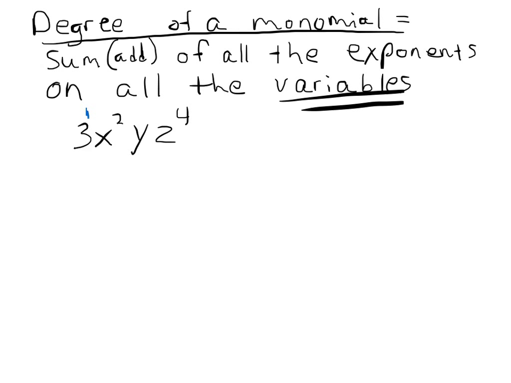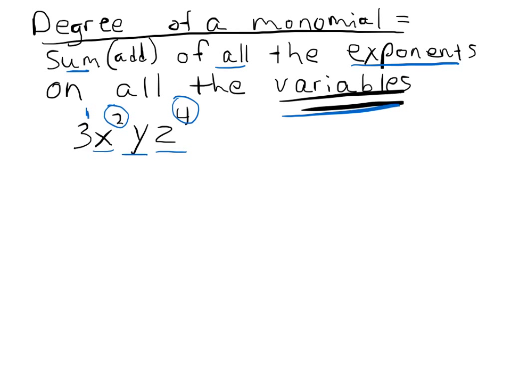But we want just the variables, okay? So we are just going to look at the variables. And what are the exponents? So again, the sum of all the exponents on the variables, okay? So what are all the exponents on the variables? Well, we have a 2 and we have a 4.